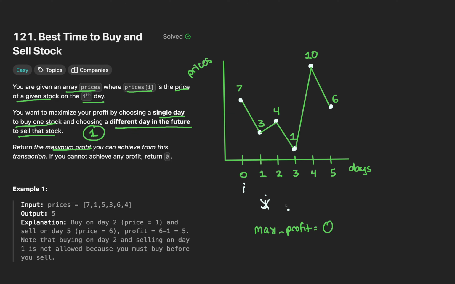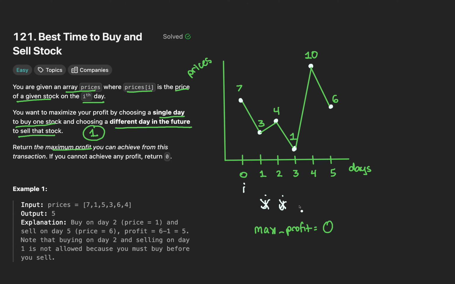On the next iteration of j, we're now on day 2, where we try selling for a price of 4. Our i, remember, is anchored on day 0, so we're still buying for a price of 7. The math tells us that 4 minus 7 still yields a net loss of negative 3. It's a bit better than before, but we still lost money. We rescind the transaction and pretend nothing happened. We stick to our 0.